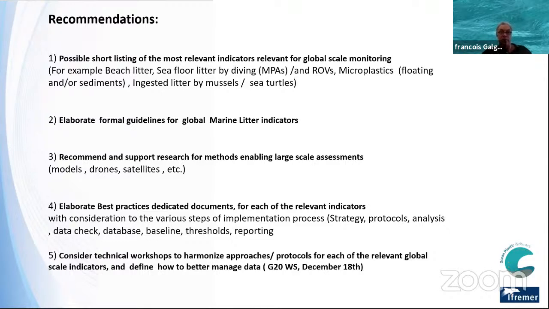Floating microplastics or in sediments also. Ingested litter by mussels, because Mussel Watch is already there. But we still have to work on the quality of the assessment because we have a lot of contamination. So it's not ready, but it could be something like a focus. Sea turtles also work well, such as birds in some areas, but maybe limited for global scale.